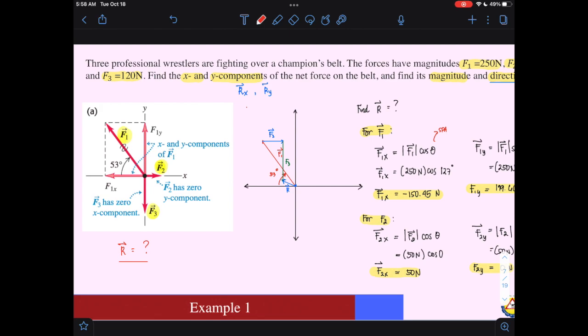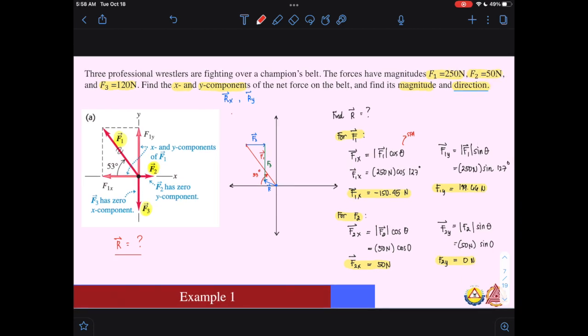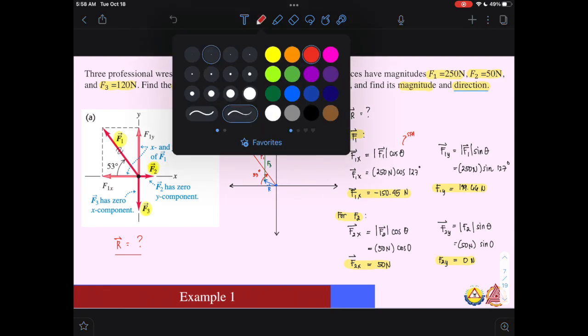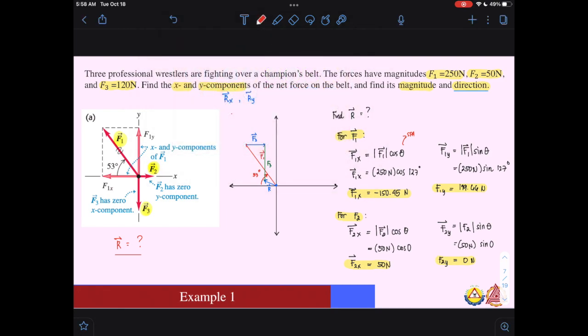Now, we have to solve of course for Rx and Ry. Kabalo na taon saon nato na. So, dili na ako na-detail, ako nang i-run through class unsay nahitabo. But I would just like to emphasize this one. Gihatag ni sa problem na measured from this negative x and the positive y is 53 degrees.